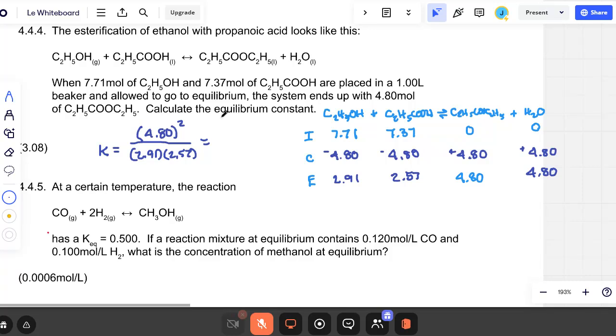Okay, 4.80 squared divided by 2.91 and divided by 2.57, I get 3.0807. All the information we were given had 3 significant digits, so we can only give 3 in our answers, so I guess 3.08 is where we'd have to stop.